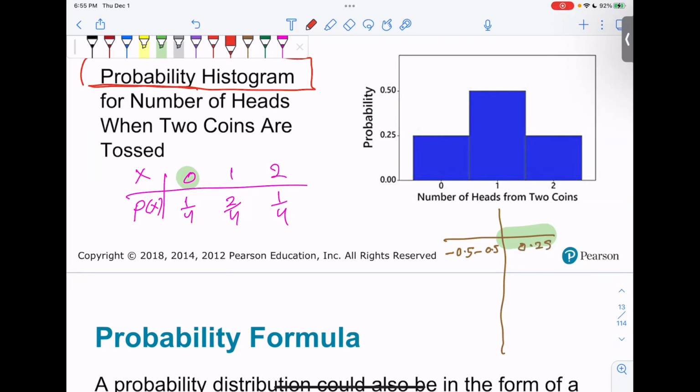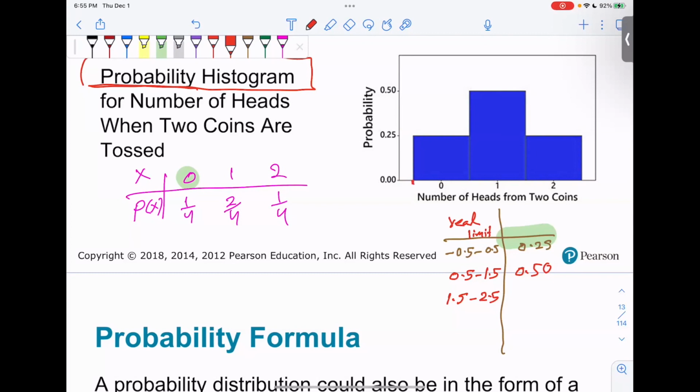And then the next one, 1 minus 0.5 is 0.5, and 1 plus 0.5 will be 1.5, with 0.50. The third one, 2 minus 0.5, it's 1.5, and so on. You remember it, right?